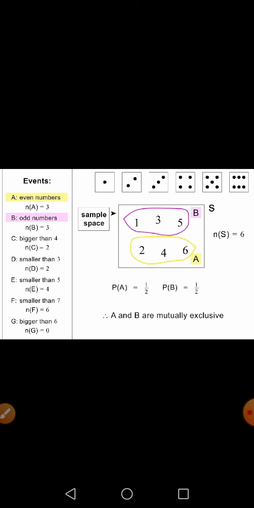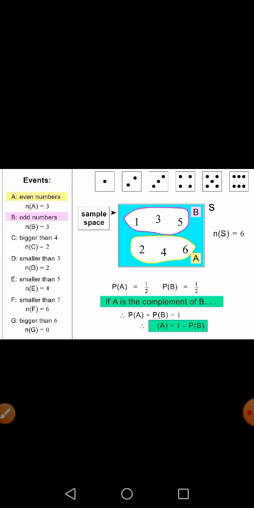Can I throw a dice and get an even and an odd number in one throw? Which means if I throw a dice and it's 3, can it be odd and even at the same time? Of course not. So it's called mutually exclusive. Mutually means there's no way I have both events in one throw. You got it? Okay.